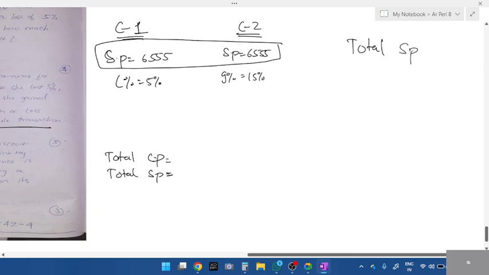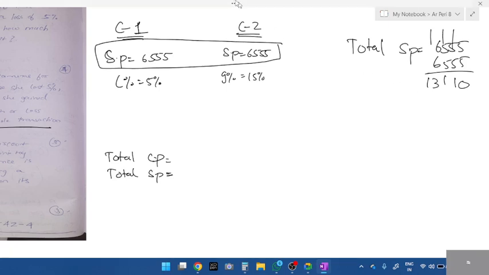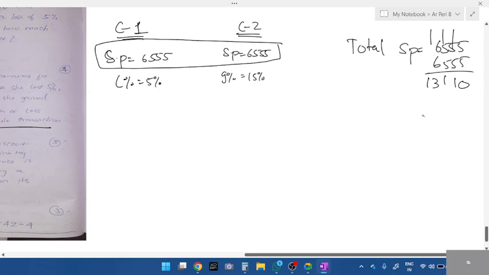So total selling price is equals to 6,555 plus 6,555. What's the answer? Is it 13100? 13110, students. Sorry, 13110 is the total selling price. Let us find the total cost price.